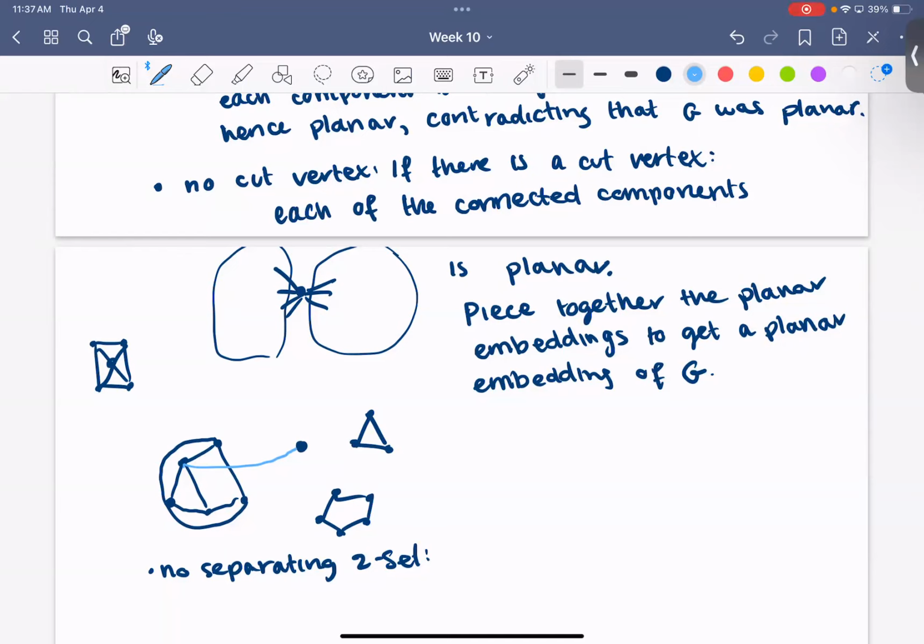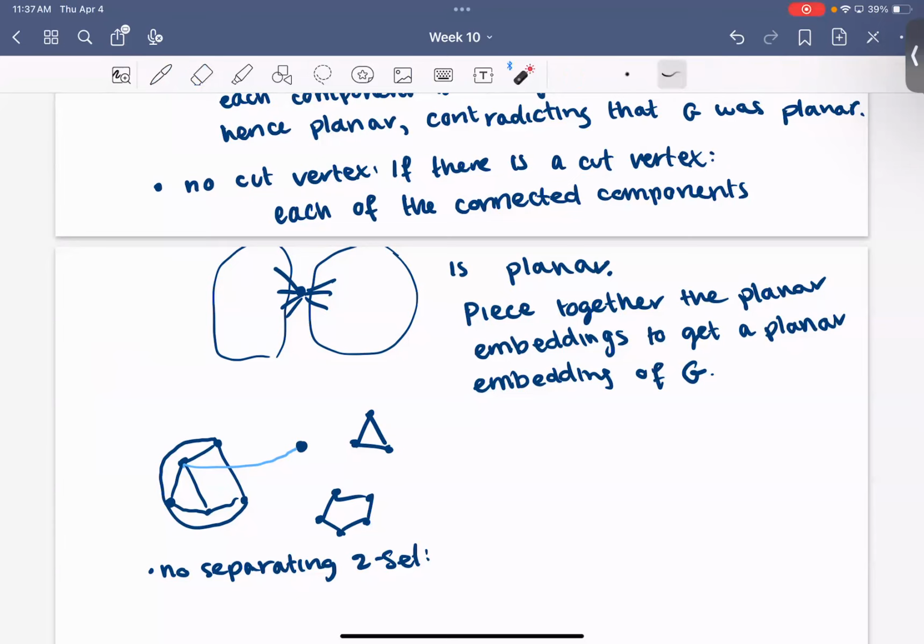You have all your disconnected components, they're smaller, therefore they must be planar. And what's making them non-planar is the added edges to the cut vertex. But then you have a subgraph containing just the cut vertex, one of the planar components, and all of the edges connecting those, and it's smaller. Yes, okay, I think that does fix it.